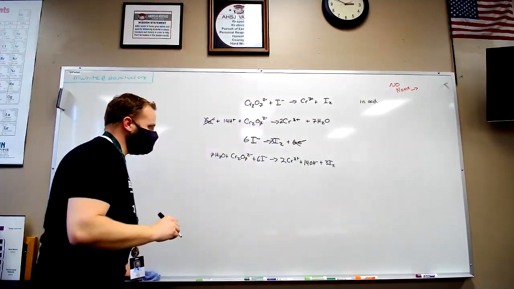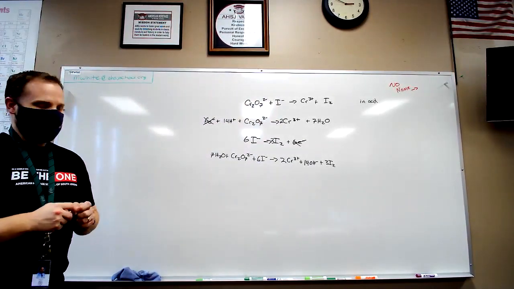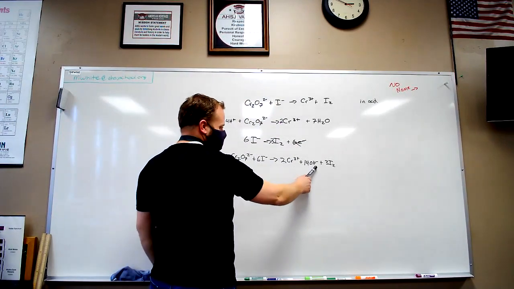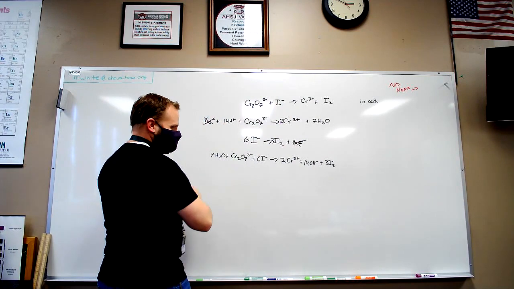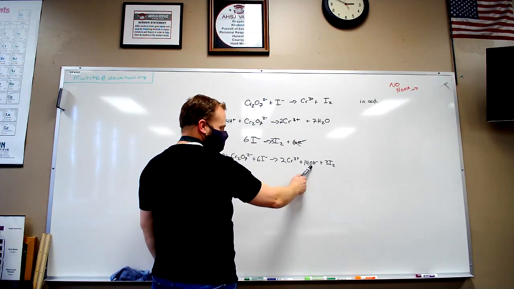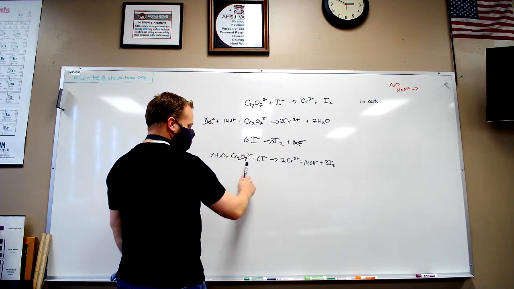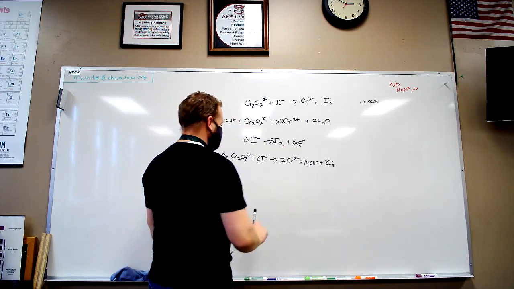And now we can once again double check our work. 14 hydrogens, 14 hydrogens. 7 plus 7 oxygens is 14, which we have right there. 2, we already did oxygen. 6, 6.